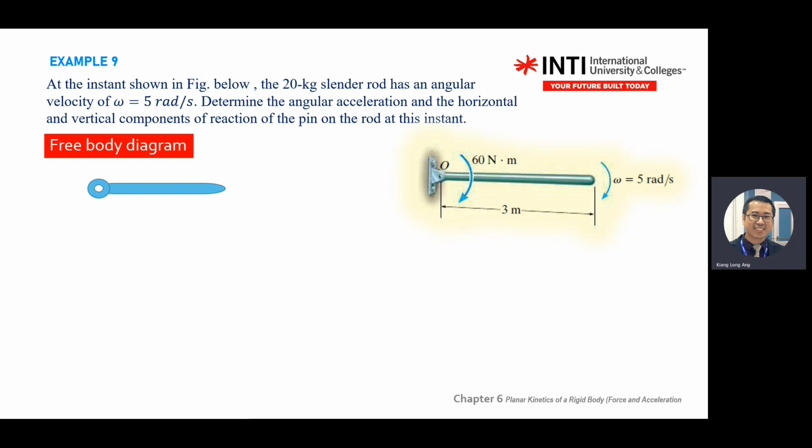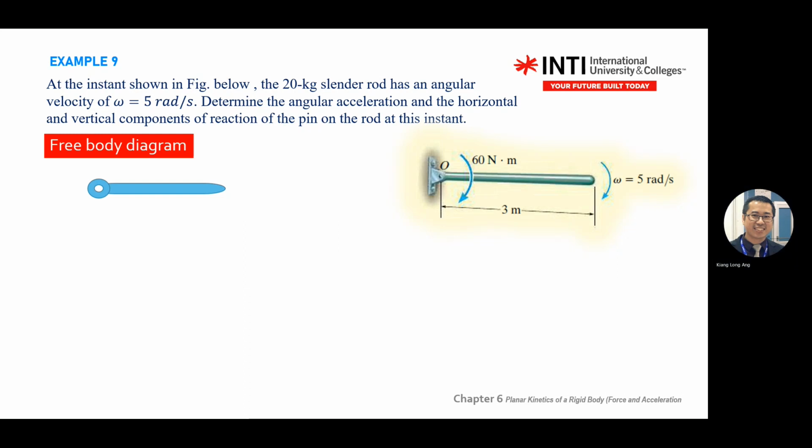For the rigid body, it rotates with angular motion, so you need to find the angular acceleration, alpha. You think: v equals omega R, which links with the angular parameter. What about acceleration? You have two components, a_n and a_t.